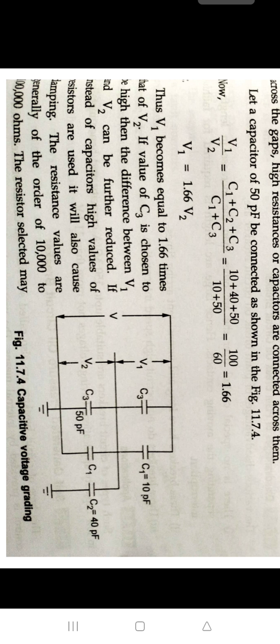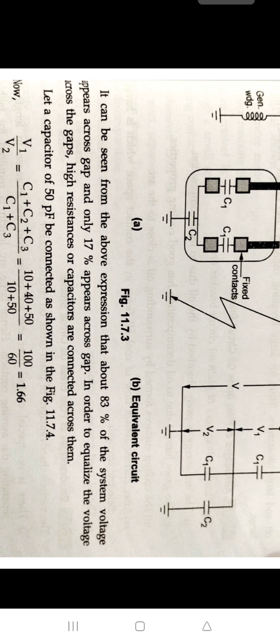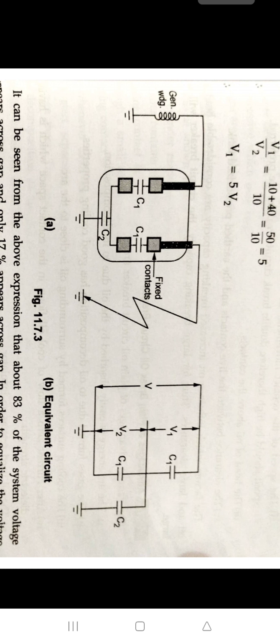Now V1 will become 1 upon omega times C1 plus C3, and V2 will become 1 upon omega times the summation of C1 plus C2 plus C3. So V1 is now only equal to 1.66 times V2, whereas in the earlier equivalent circuit it was V1 equal to 5 times V2.